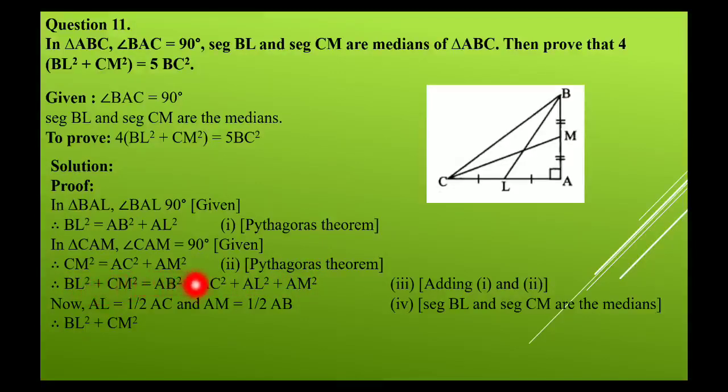So I'm going to add equation statement number 1 and 2. Left hand side plus left hand side, right hand side plus right hand side. So left hand side plus left hand side is BL square plus CM square. Right hand side is AB square plus AC square plus AC square plus AM square.